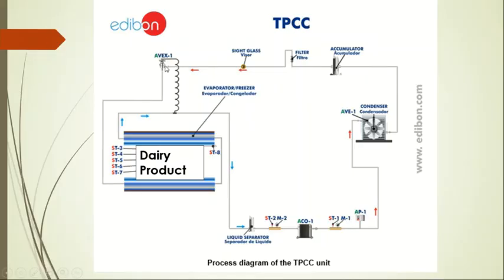After that it will enter the expansion valve, the throttling valve, and after that it will enter the evaporator, where the liquid phase is completely converted into the gaseous phase. Then these gases or vapors move towards this liquid separator, which ensures that only gas will move on in the suction line of the compressor.